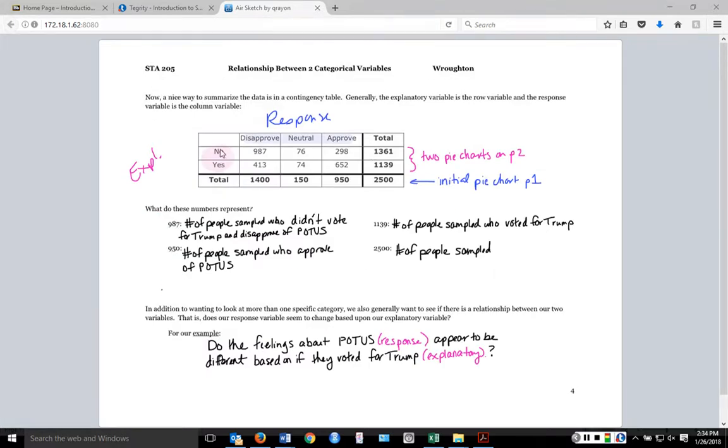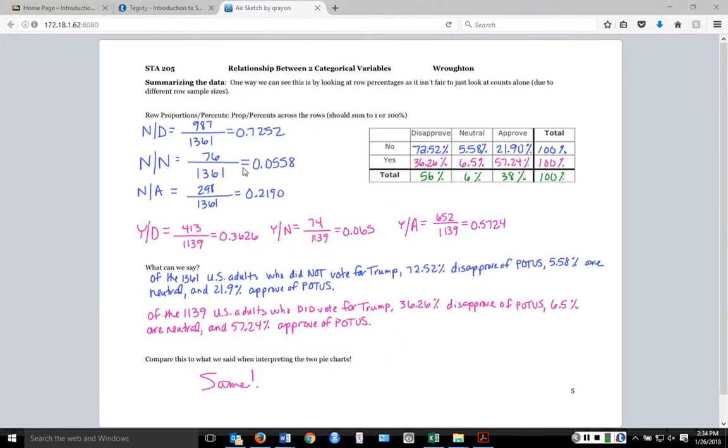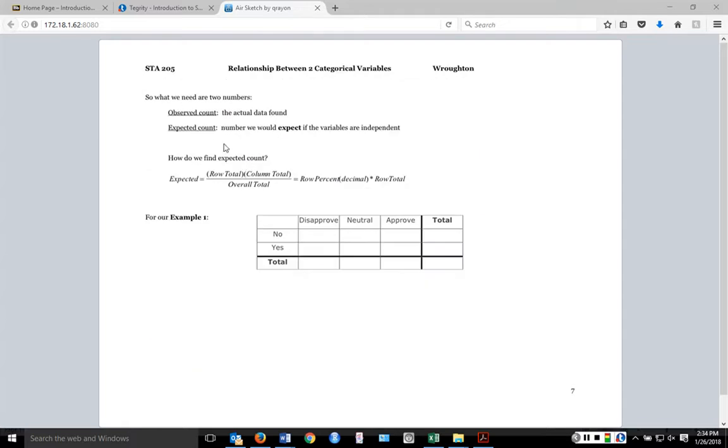This is our actual data that we had. These are my observed counts. Then we're going to have what's called an expected count. An expected count is the number we would expect if the variables are independent. And so if they're independent, this is what our counts should look like.